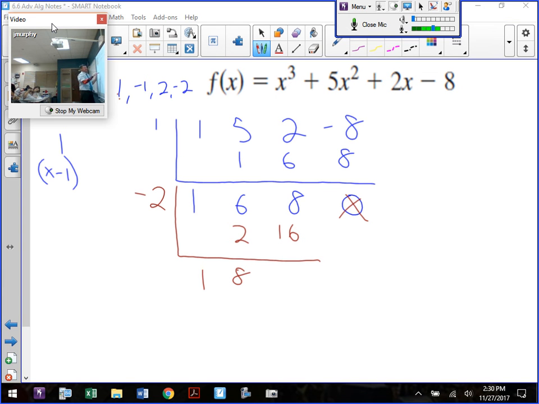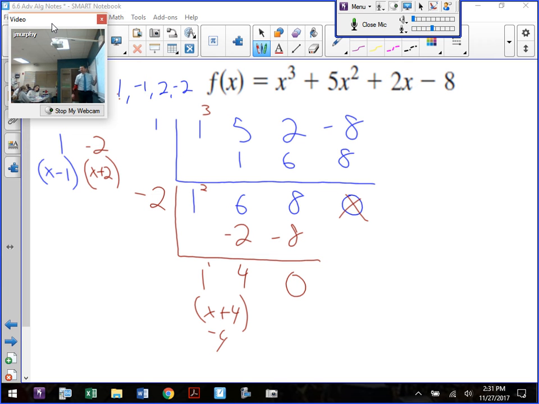I tried that at negative 2. And it worked. So then I wound up with a 0 at negative 2, which leaves me x plus 2. It started at a cube, a squared, which means this is an x to the first degree, which means this is now x plus 4, which means your last 0 would be located at 4.